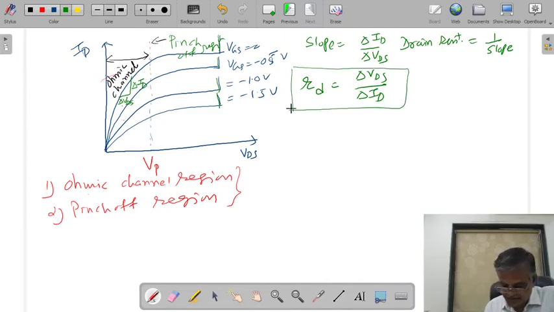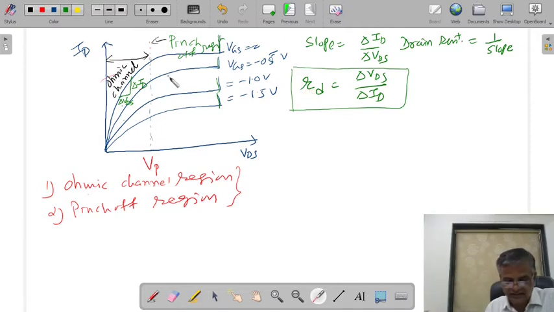Again, see the slope of this line, this line, this line. Only in this region, if you find the slope of each line, delta ID upon delta VDS, then 1 upon slope is called drain resistance, or the resistance offered by the FET.